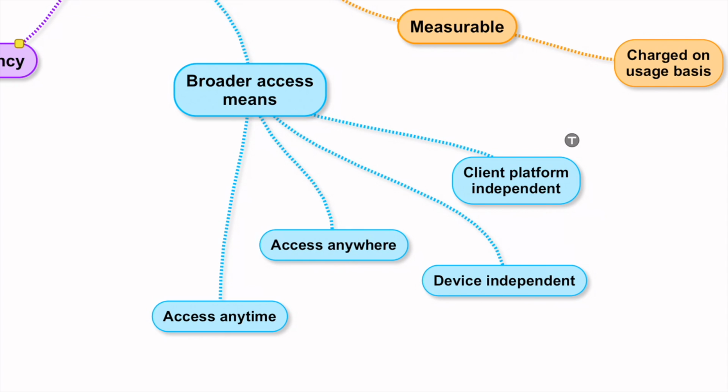So first one, I would say it's client platform independent. From experience, I know there are applications which require a certain kind of client setup to be accessible to the user. For instance, certain ERP systems would have a specific browser requirement, a specific version to be available, a certain version of Java to be deployed.